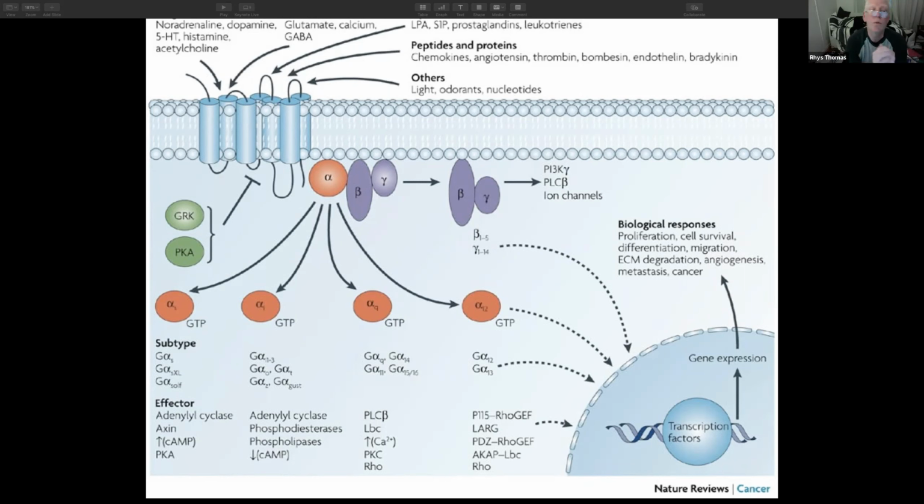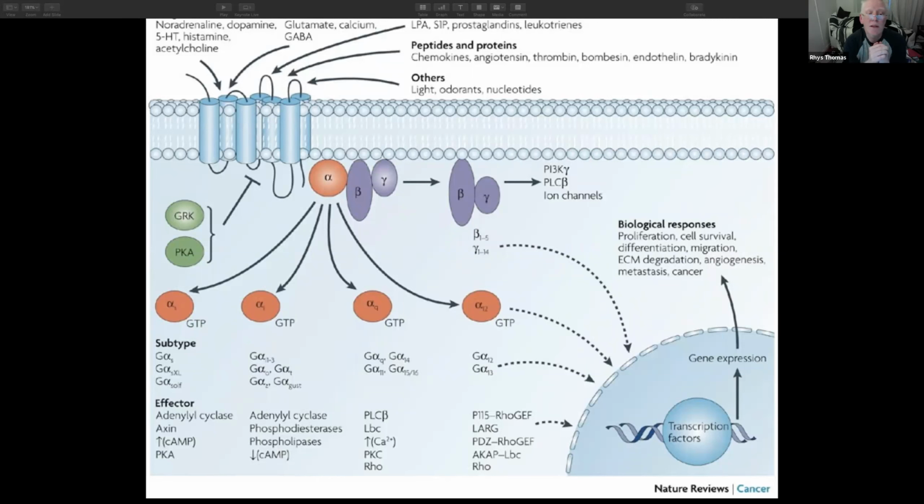They're not integral proteins, but they can move around on the plasma membrane and come into close association with the G protein coupled receptor, so they're right there when it gets activated. Once it gets the conformational change, you get release of the alpha subunit, and the beta and gamma subunits go off and have some effects, and the alpha subunit has some effects as well. It tends to be the alpha subunit that we're most interested in. However, the beta and gamma subunits also play a key role.